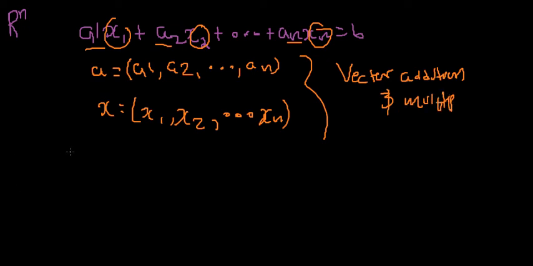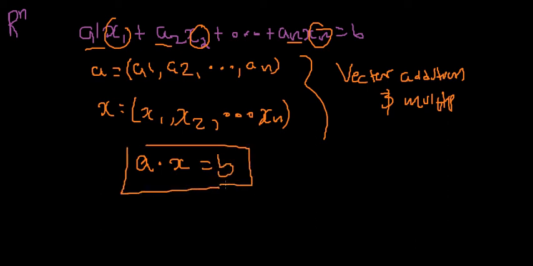So, in essence, what we can say here is that A dot product x equals B. And this is very important. What does A dot product x mean? Well, we're going to take A1 and fuse it together with its corresponding part here, which is x1, plus A2 x2, and we're going to sum up all these factors.